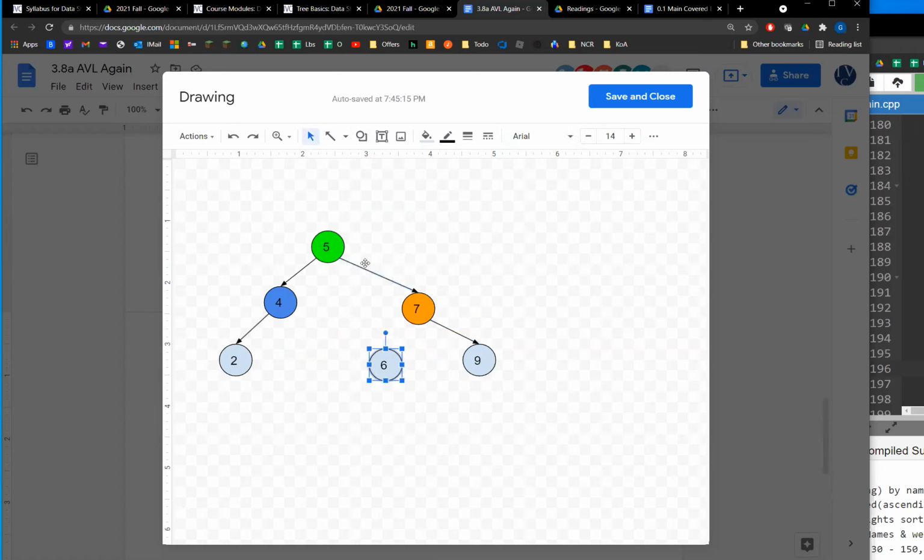And then 6, like before, 5 and 7 were its ancestors and remain the same. And it's a binary search tree still. 6, 7, and 9, all greater than 5. 2 and 4, less than 5.